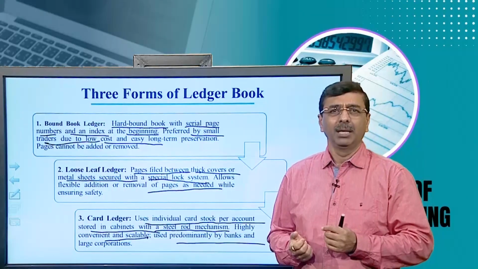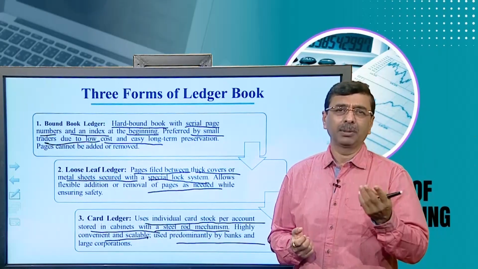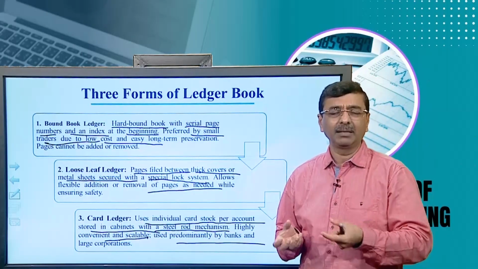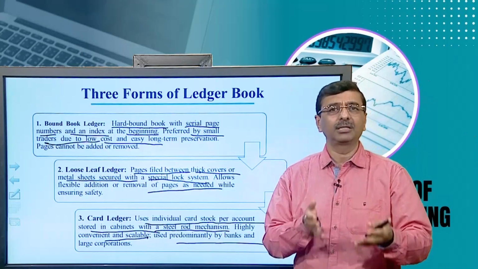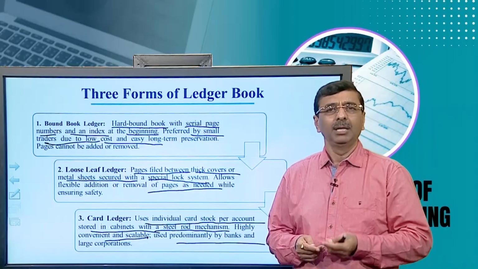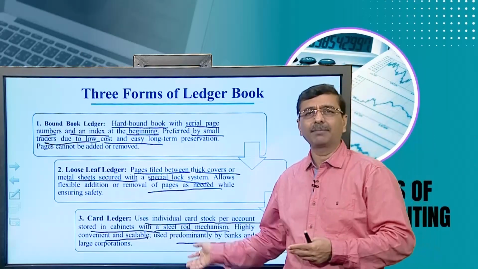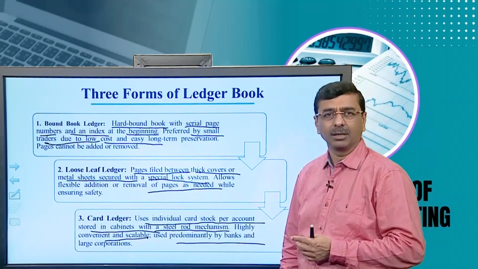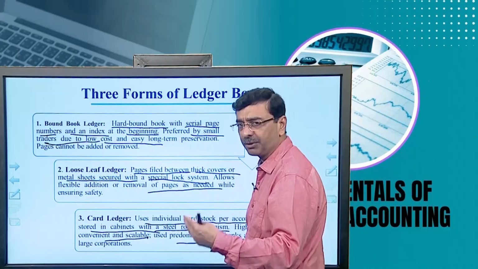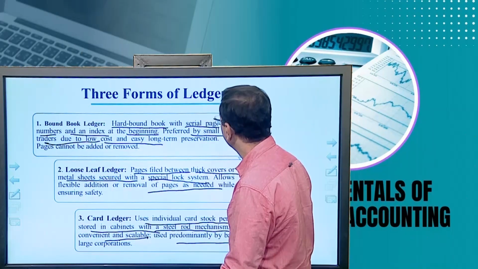Most probably banks and other people maintain their ledger books in such a format. Why? Because they have a huge number of accounts, right. So, that is why they keep such card ledger books for preserving ledger information.